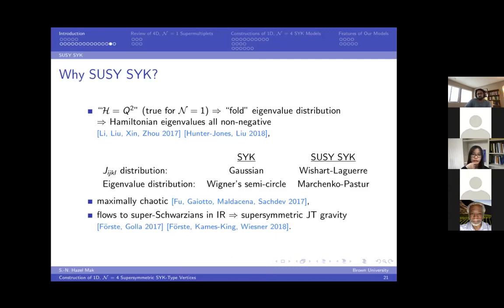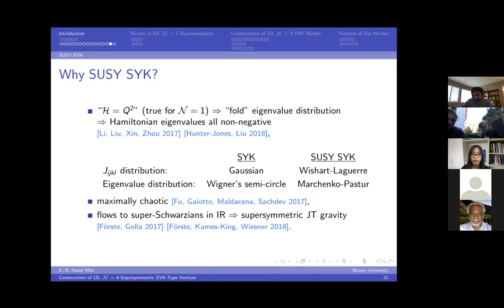And the second reason is that the n equals 1 and n equals 2 supersymmetric SYK models are actually still maximally chaotic. The reason that I highlight it is because you can actually do supersymmetric SYK models in 2D. For example, there is a paper by Jeff Murugan, Douglas Stanford, and Edward Witten, and they did 2D supersymmetric SYK models.